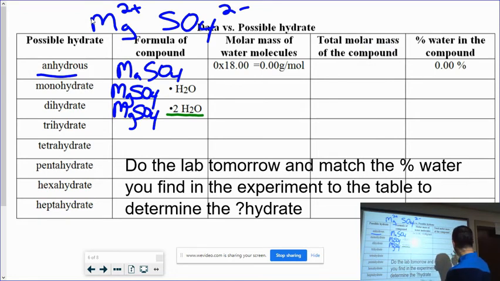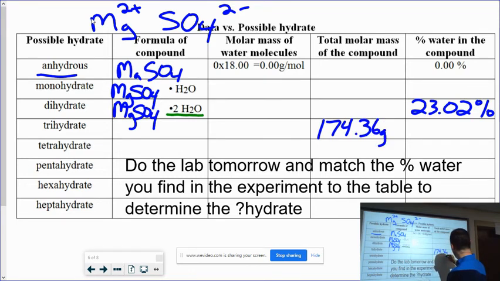For this dihydrate, I will give you this number, 23.02%. If you don't get 23.02%, you are doing it wrong. That's one little bit of information. I'll give you this trihydrate mass, 174.36 grams per mole. If you don't get that molar mass, you're doing stuff wrong.